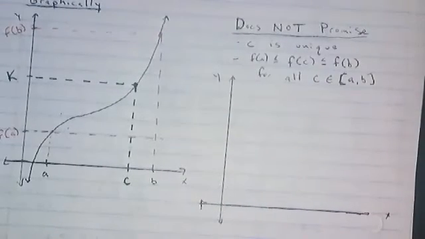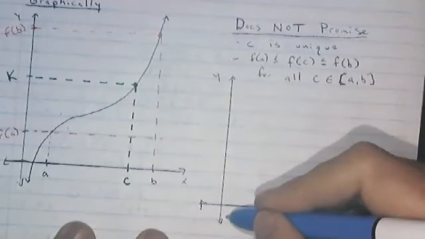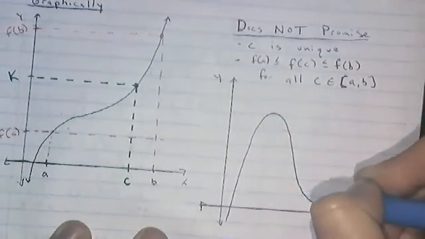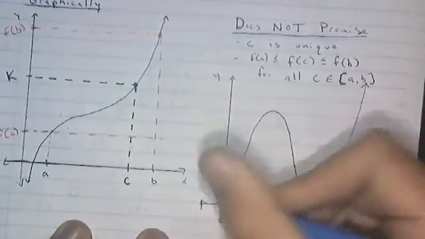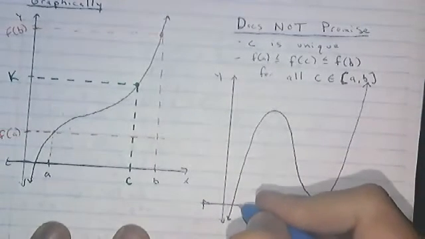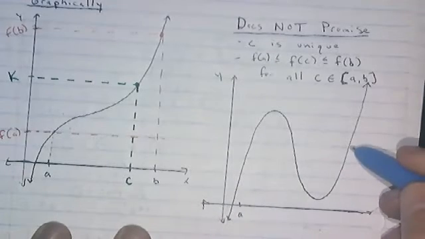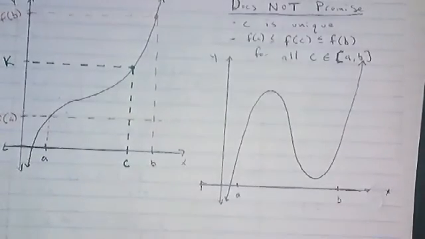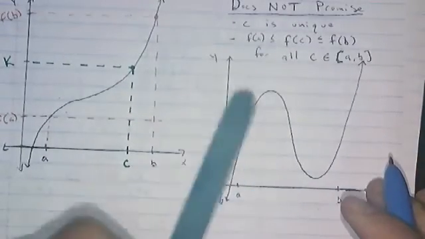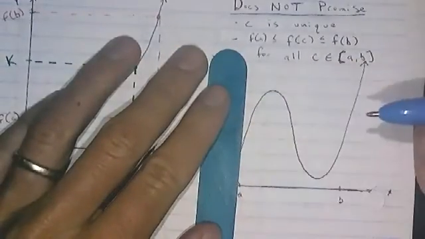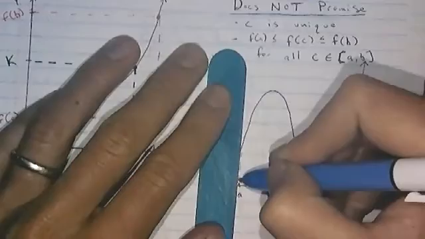Okay, so let's draw a slightly more curvy graph here. Something like this. And if now we've got A here and B here, let's see what this picture looks like. We've got A hitting our graph there.